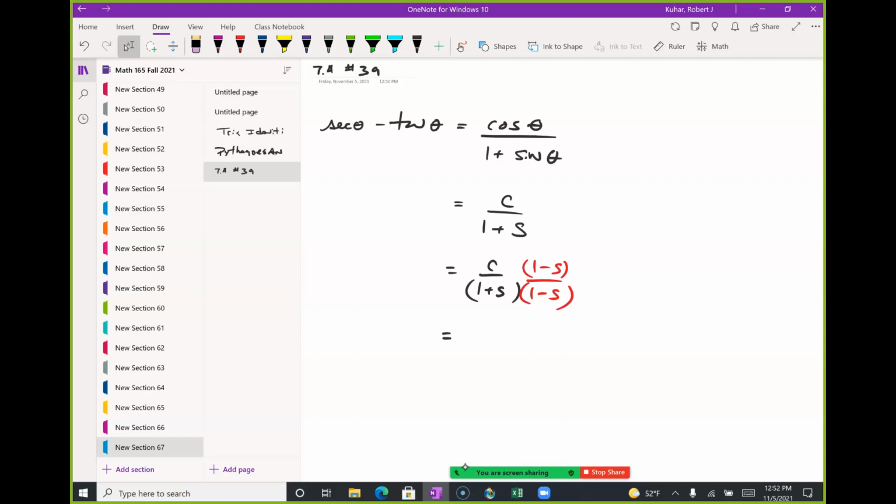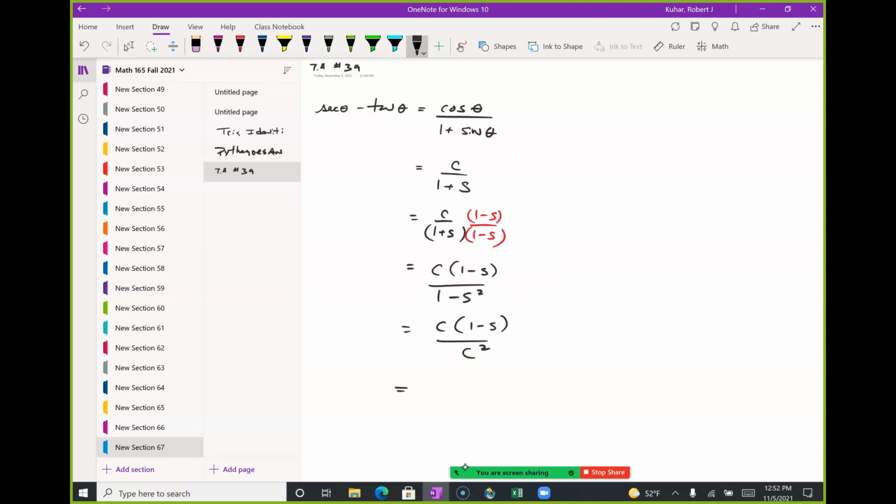So what do I get? I get a c times a 1 minus s over 1 minus s squared. And that's a Pythagorean. 1 minus sine squared, I've already taught you today, is cosine squared. And I can cancel one of those cosines, right? So I get 1 minus s over c.